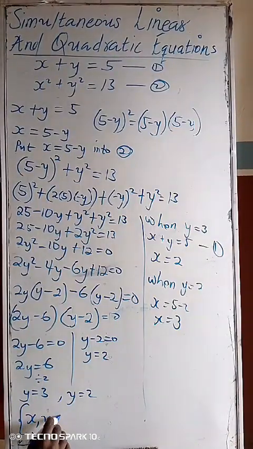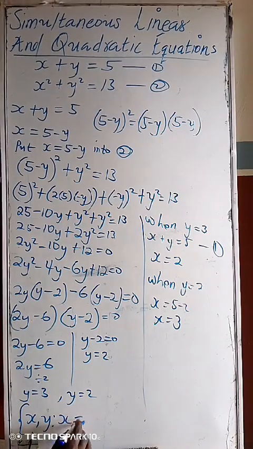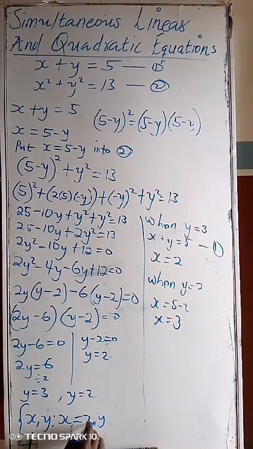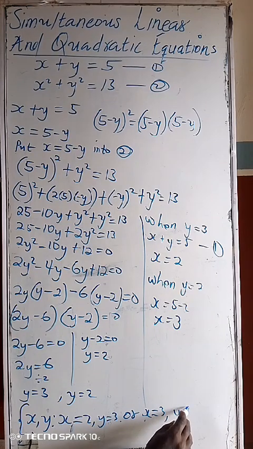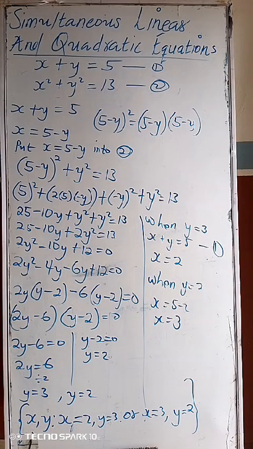When my x is equal to 2, then the y will be equal to 3, or when x is equal to 3, my y will be equal to 2, as my solution set. I think this one is getting interesting.